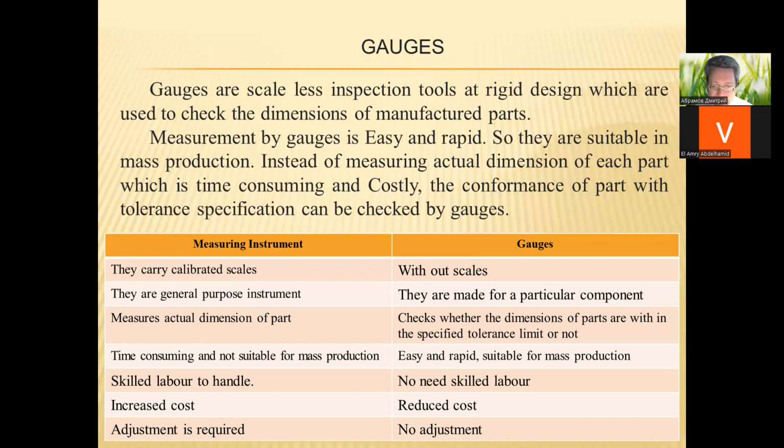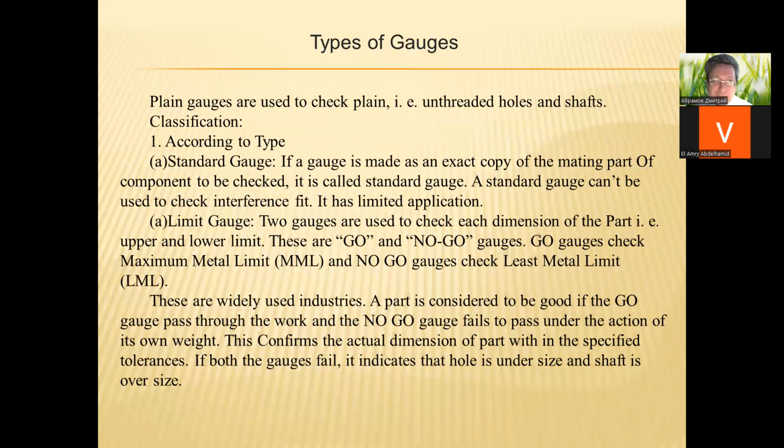Measuring instruments have increased cost; gauges have reduced cost. For measuring instruments, adjustment is required, and for gauges, no adjustment. So this was the difference between measuring instruments and gauges.